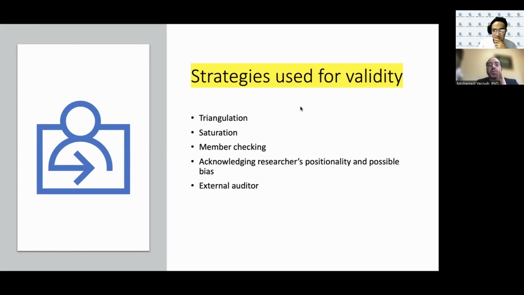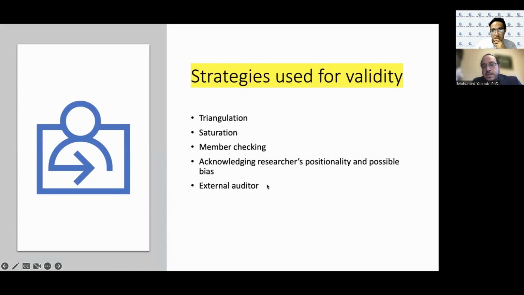Can you please read it and tell me if what I said about you is what you meant, or did I misinterpret what you meant? That's different from your own interpretation, by the way. You want to make sure that you accurately represent what the participant has said to you.